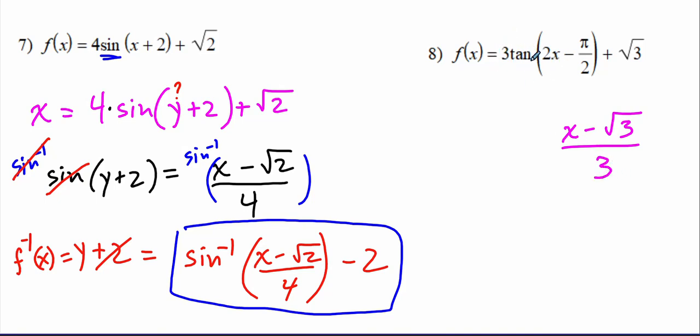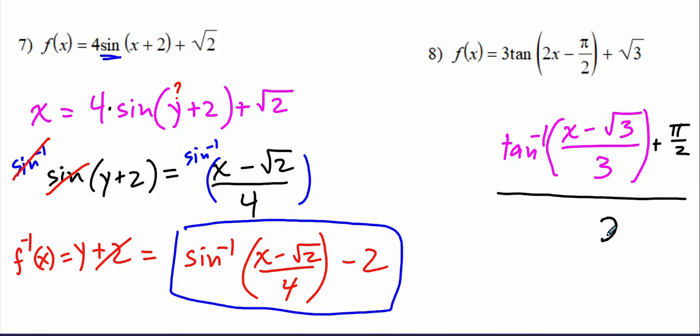And what do I need to get rid of? I need to get rid of the word tangent. So tan inverse of both sides. And then once I do this, I can go inside. So add pi over 2 to both sides. So I'm going to do a plus pi over 2. And then divided by that 2. So all of that divided by 2.